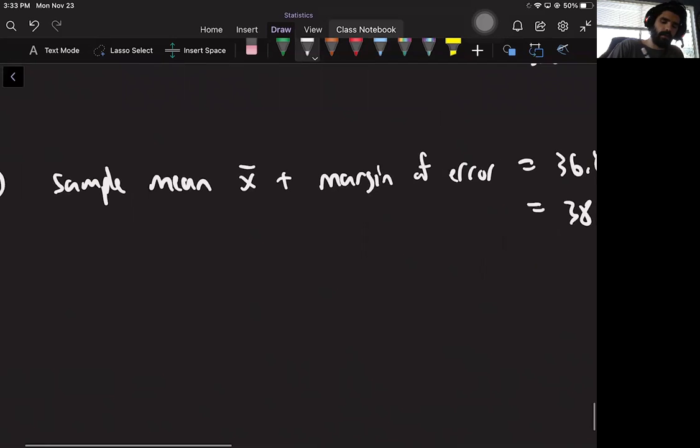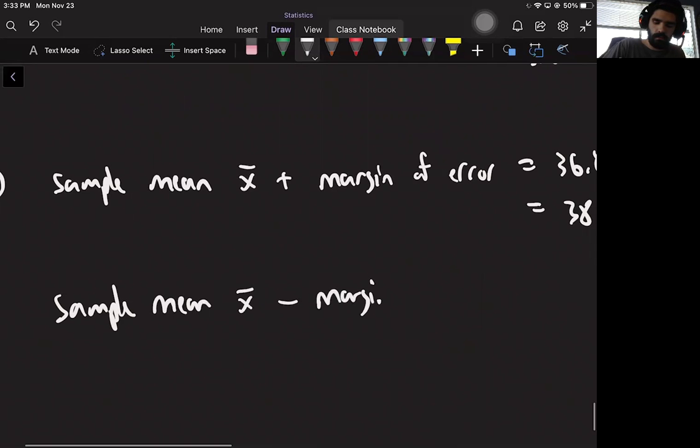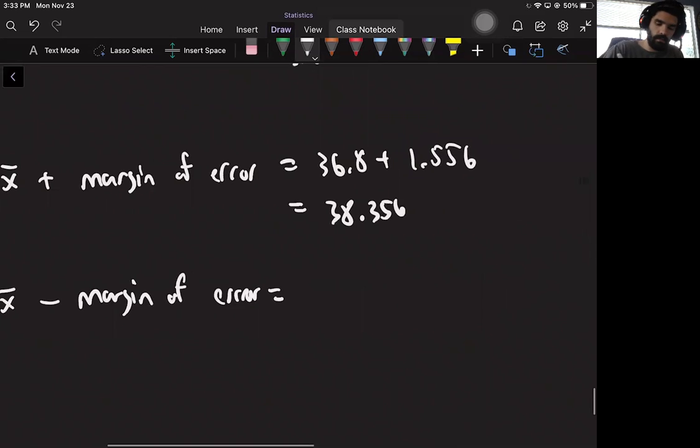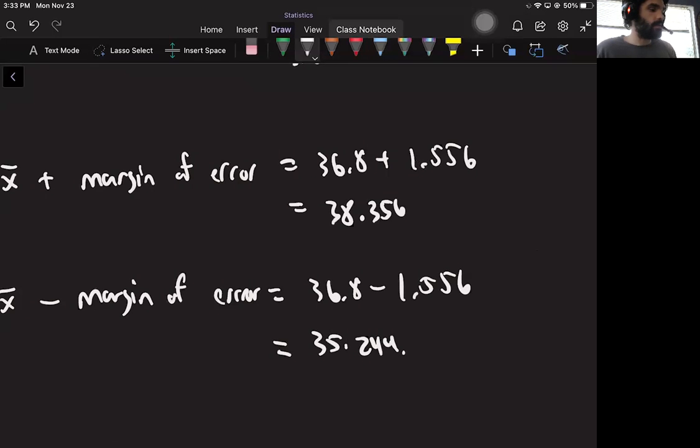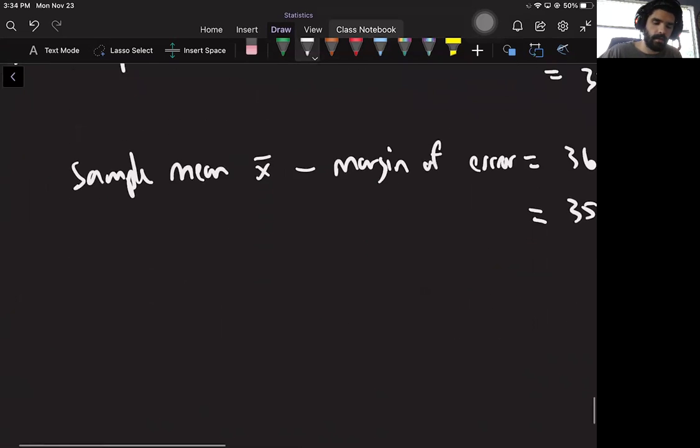And then you do the same thing, but you subtract. So that'll get you 36.8 minus this number, which will be 35.244.